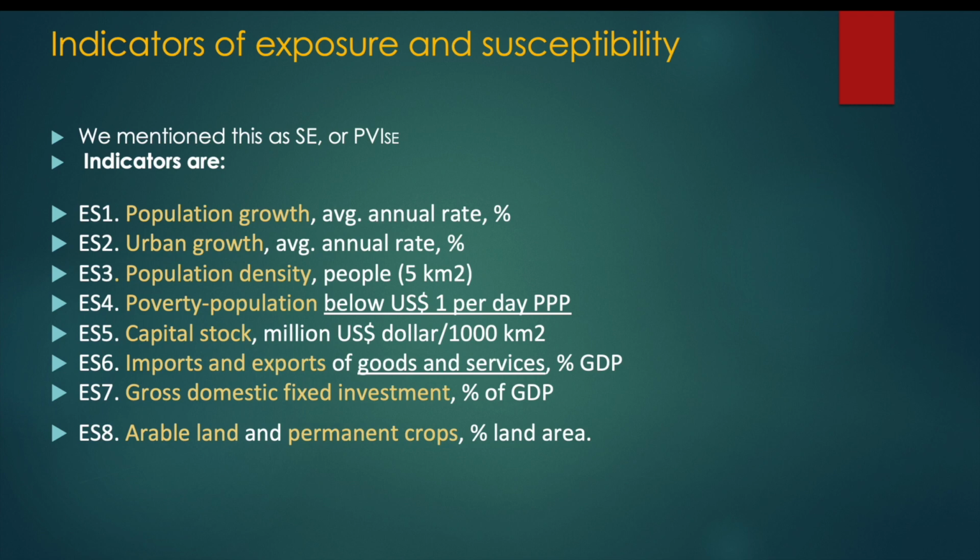First ES1 is population growth, then another indicator is urban growth, third indicator is population density, and fourth indicator is population poverty, population below $1 per day PPP, then capital stock, imports and exports of goods and services in an economy, gross domestic fixed investment, arable land and permanent crops. These are the indicators with which the exposure and susceptibility term is calculated.